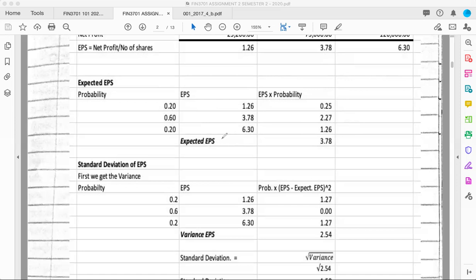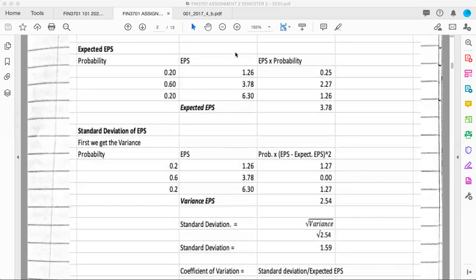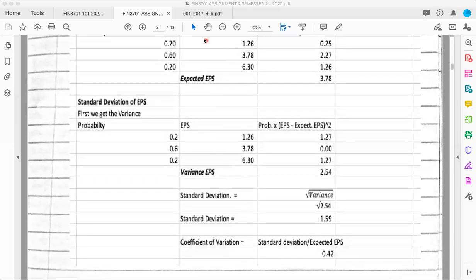And then after that, you can calculate the standard deviation of the EPS. We always start by getting the variance, and then the square root of the variance gives us the standard deviation, right? So how do we calculate the standard deviation of the EPS? We take each probability we've been given, we put each EPS that we obtained, and then we use this formula.